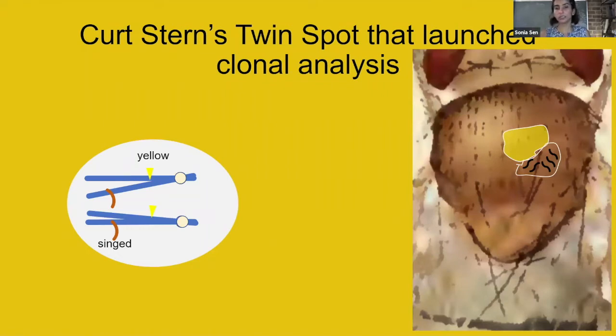And this is what is the twin spot. Again, just to reiterate, this observation of Curt's turns is what has launched the entire toolkits of clonal analysis that we use today.